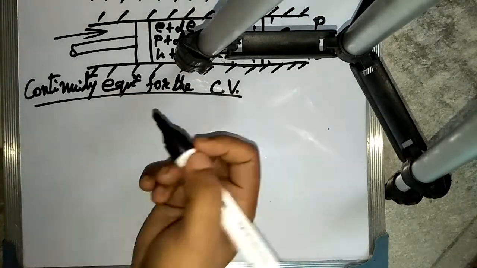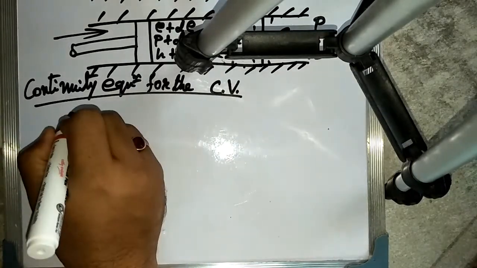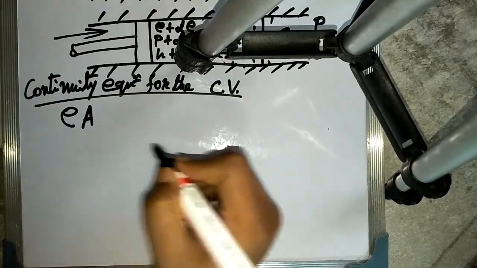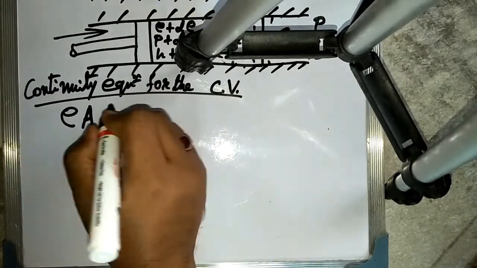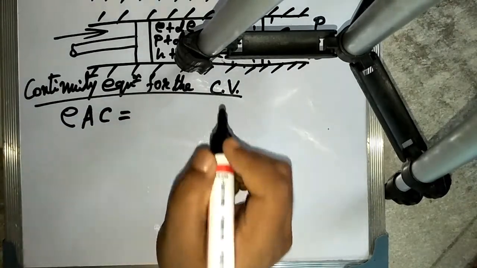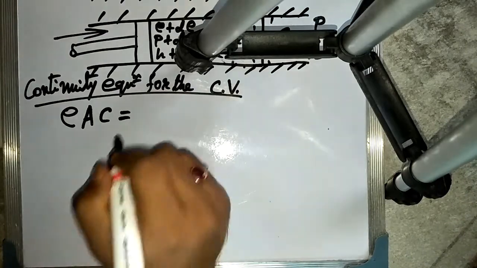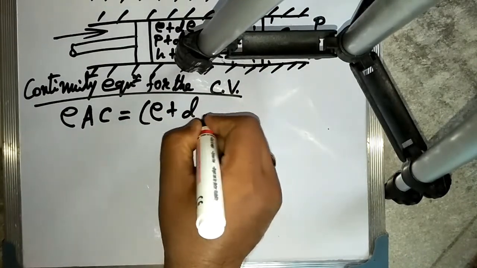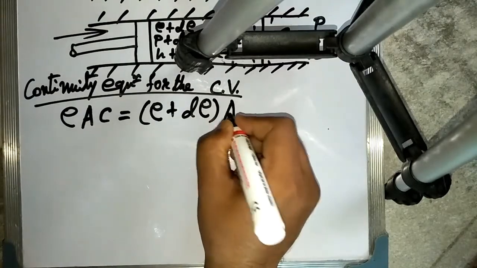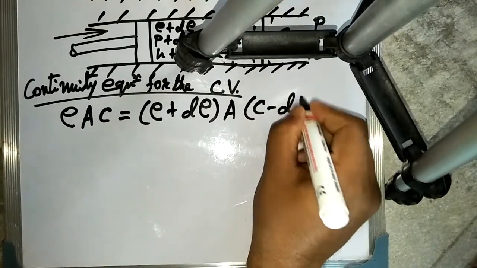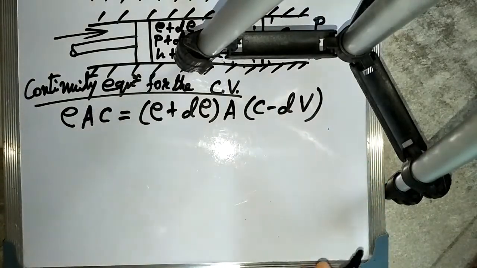Beyond the control volume the density is rho, the cross sectional area of the piston is obviously A, and the velocity of the wavefront is c, and in between the piston and the control volume the density is rho plus d rho, the area of cross section is unchanged, the velocity is c minus dv.